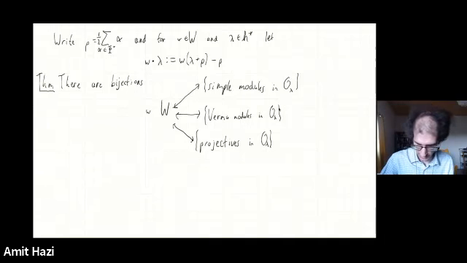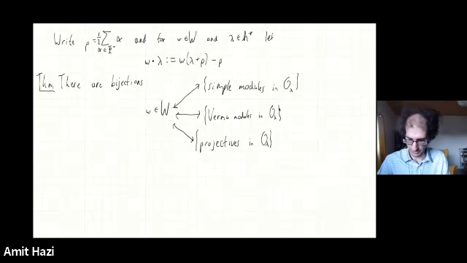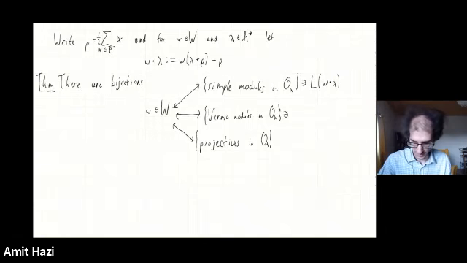If you take a little element w in W, each of these bijections will map little w to, well, for simple modules, the simple highest weight module with weight w dot lambda. For Vermas, same weight, but for the corresponding Verma module.